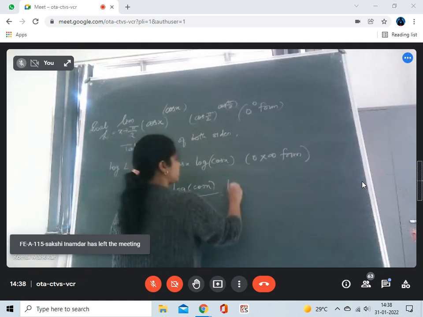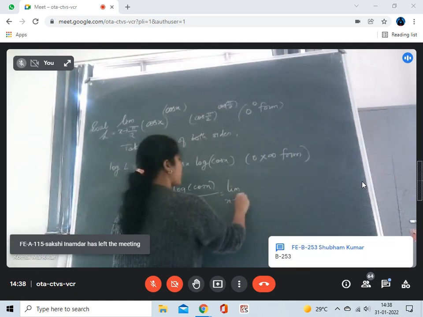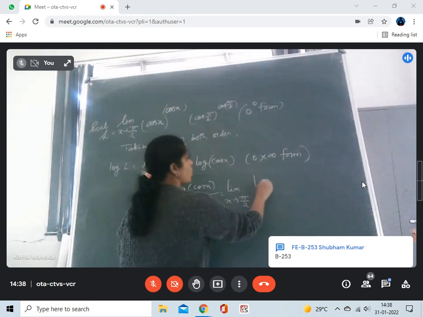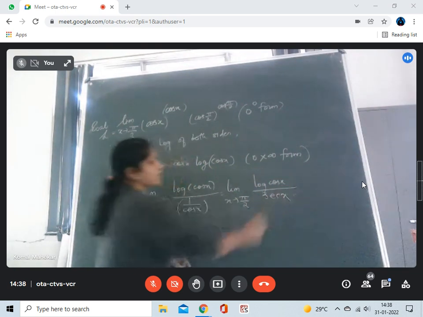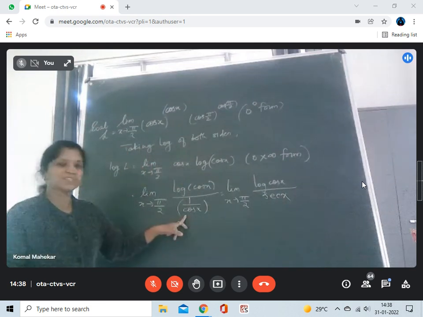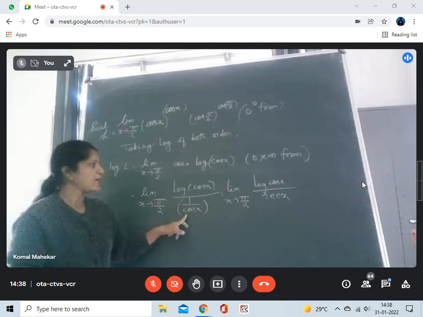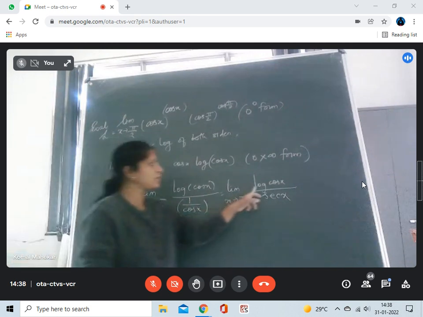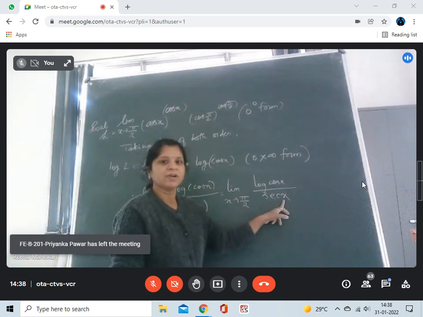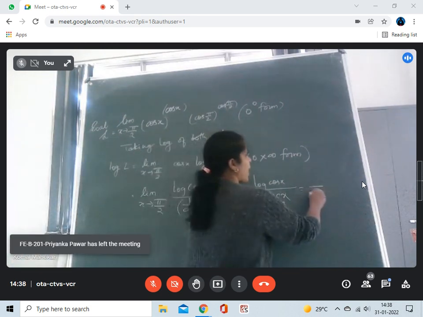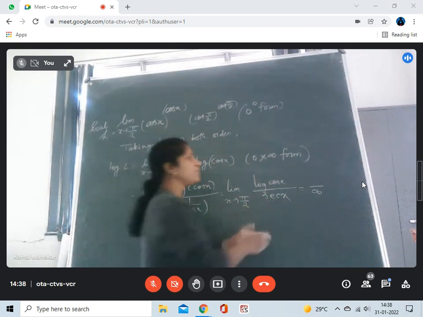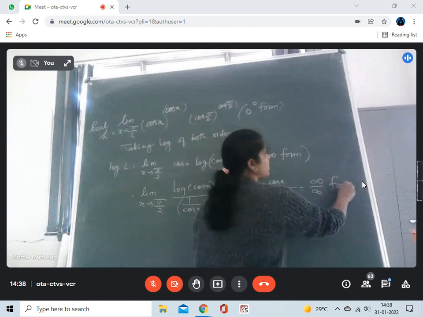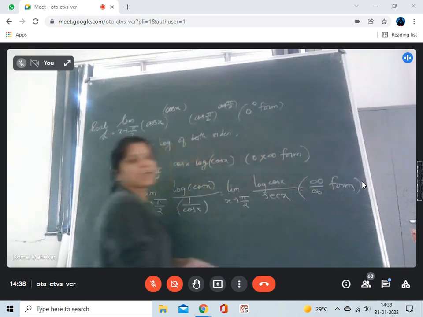So this is limit x tends to pi by 2 of log of cos x divided by sec x. Now if you put x is equal to pi by 2, this becomes sec pi by 2, that is infinity, and log of cos of pi by 2, that is log of 0, that is infinity. So now the problem is infinity by infinity form.